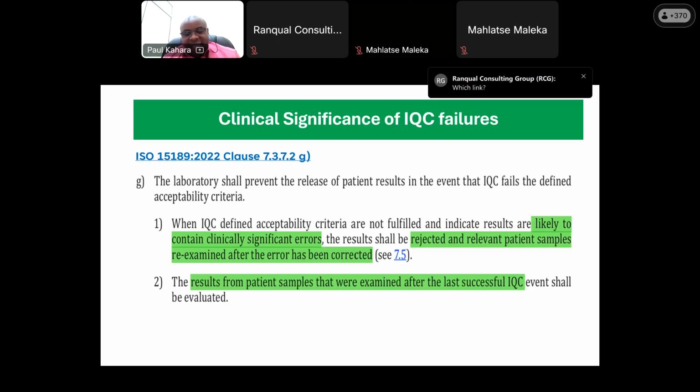When exactly did these issues of IQC failure begin? Probably if we had done the IQC yesterday night, we would have realized that there is a problem with the equipment. But because we did not do it, we didn't realize. We have only realized today in the morning when we did the IQC. So the standard is requiring that we move back several steps until when the IQC was passing, just to recognize exactly when the IQC issues began.